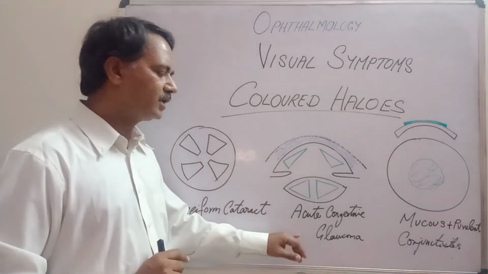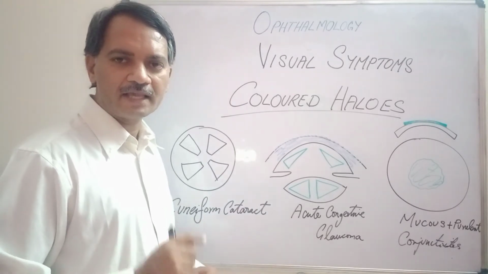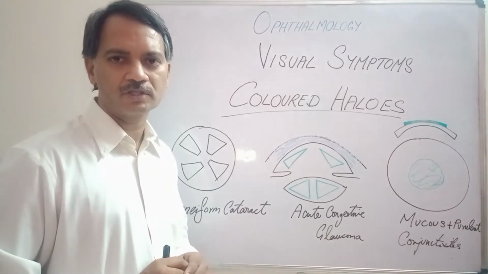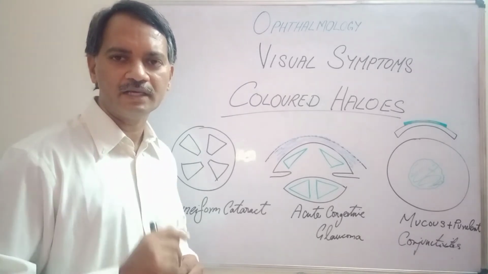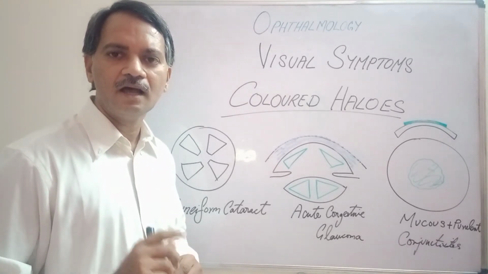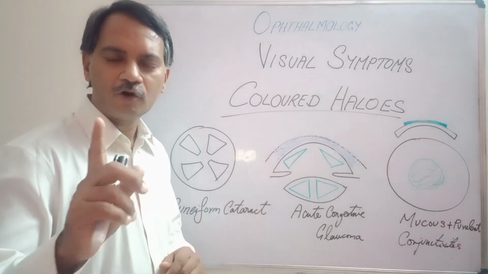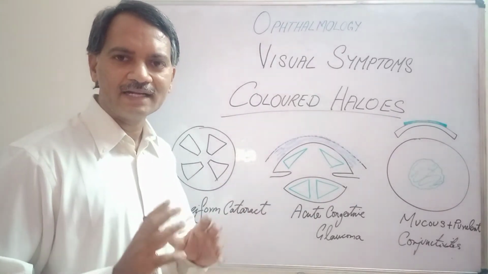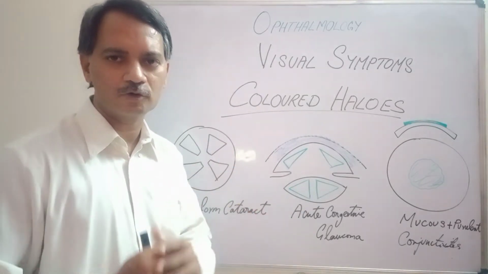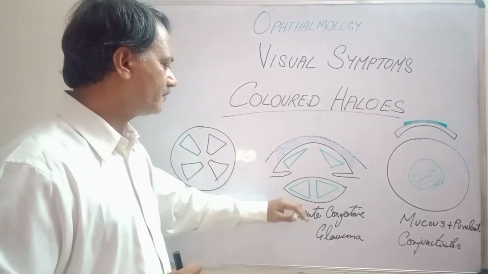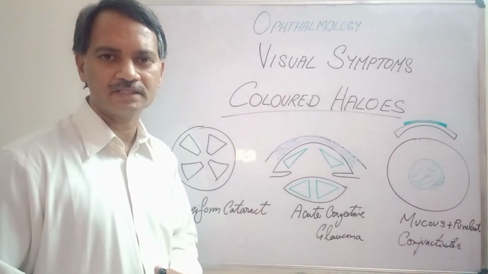Next is acute attack of angle closure glaucoma. In acute attacks of angle closure glaucoma, you can see two things. One is the edema of the cornea. The other thing is a mid-dilated pupil. I have already told that the anatomy of the cornea resembles multiple prisms arranged in a circular fashion. Anatomy of the lens also resembles multiple prisms arranged in a circular fashion.